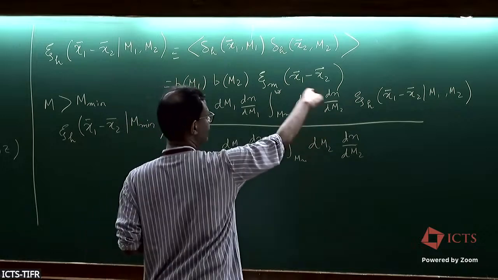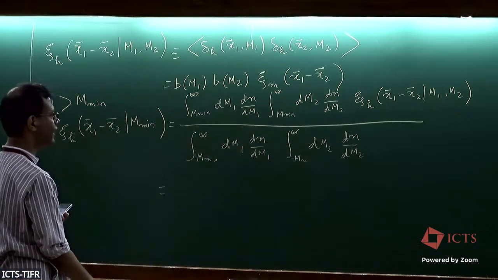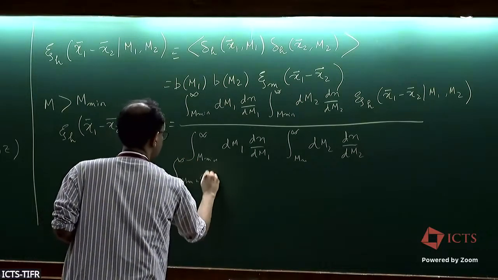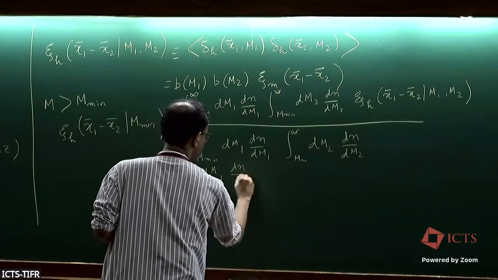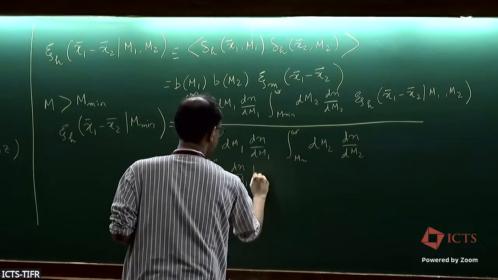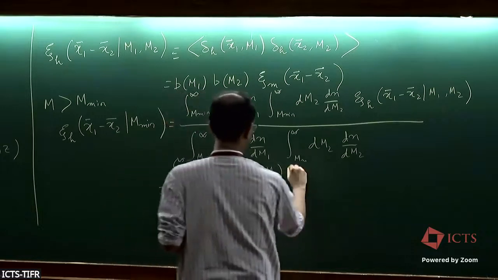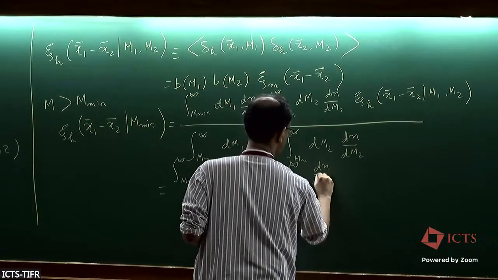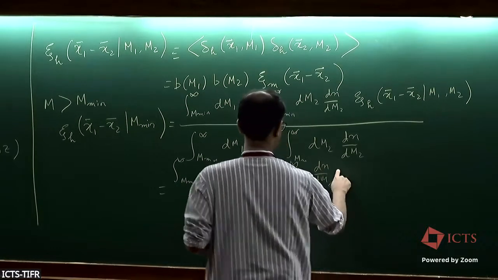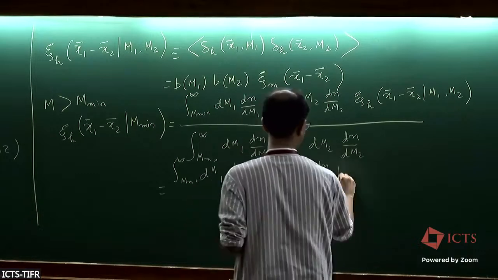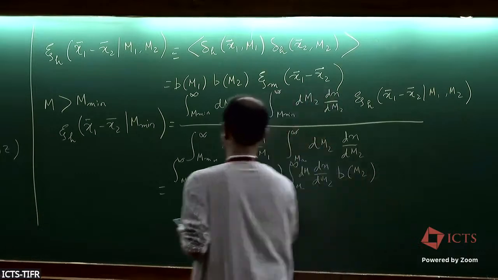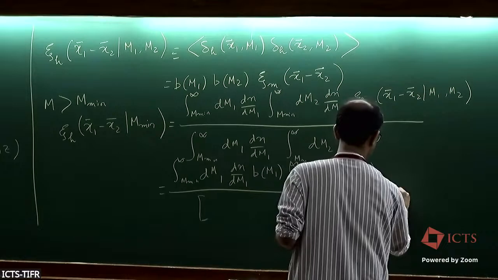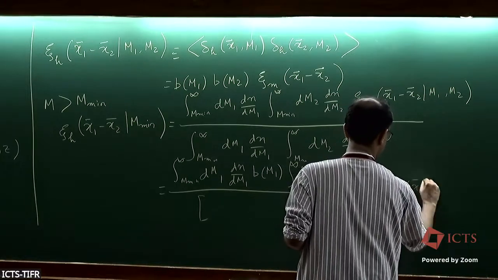And xi matter does not depend on the mass of the halo, so that will just come out. So I will have an integral from m min to infinity dm1 mass function dn/dm1 times bm1, and then m min to infinity dm2 dn/dm2 bm2, divided by whatever was there in the denominator. I am not writing again, psi m x1 minus x2.